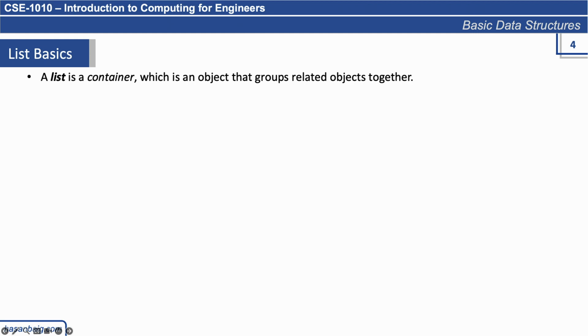For example, if I give you a task to declare or store the names of all the students enrolled in the CSE 1010 course, would you be defining separate variables to hold the value of each student's name? What would you be doing?